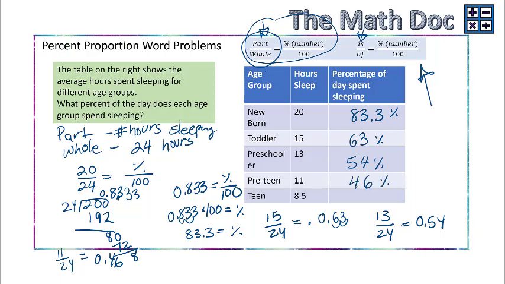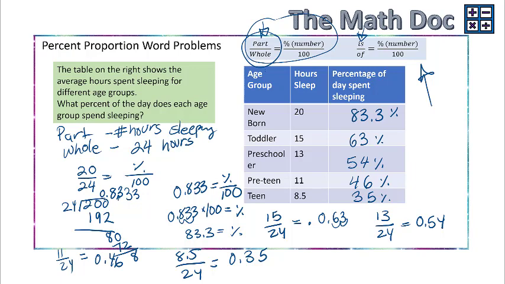And for the final one, we have 8.5. 8.5 divided by 24 is equal to 0.35, so we are left with 35% here. So we can see how, as children grow up, the percentage of their day that is spent sleeping goes down. We could graph that if we wanted, but basically that is the solution for this problem.